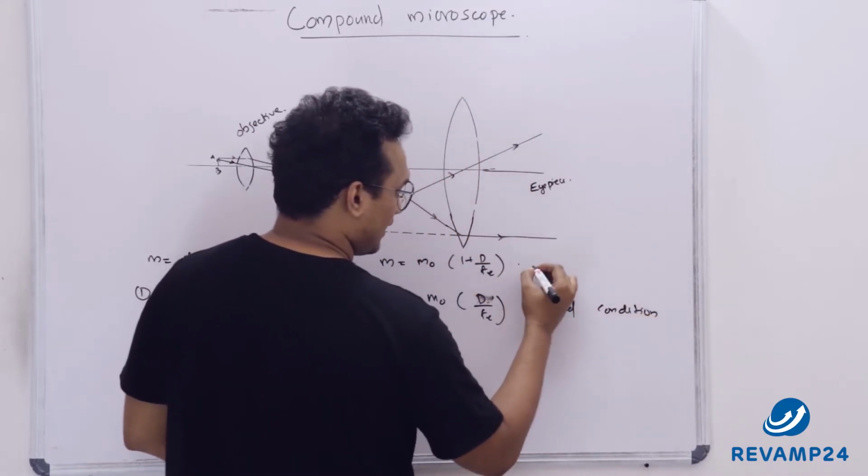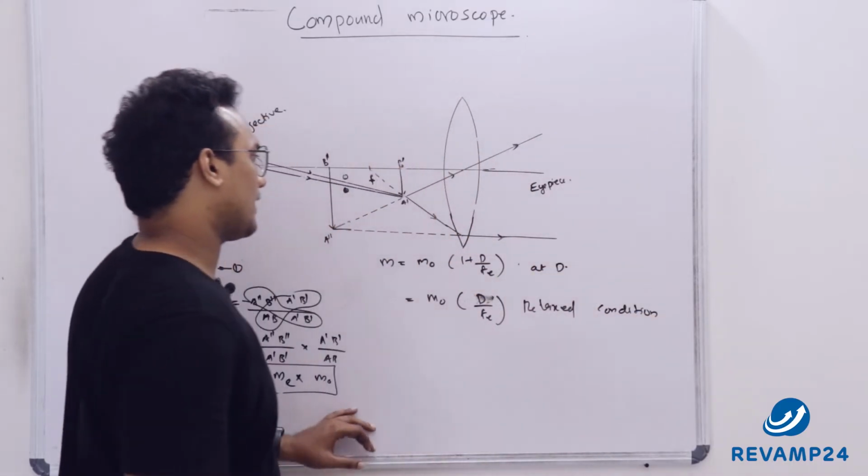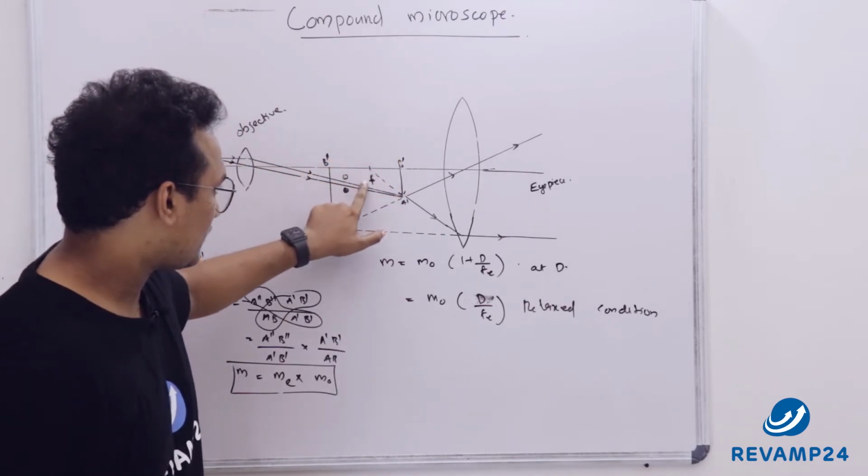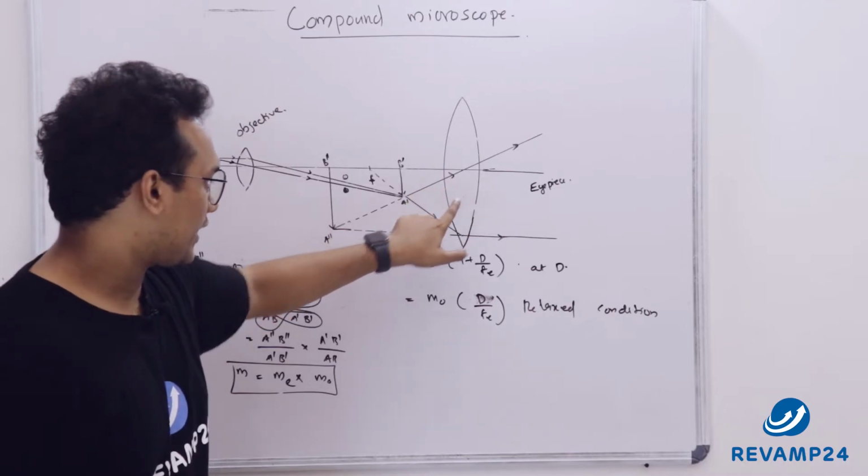Now the other thing is at D. Now the difference is, this is creating an image, right? If the image is in between F and O, you can use this equation.